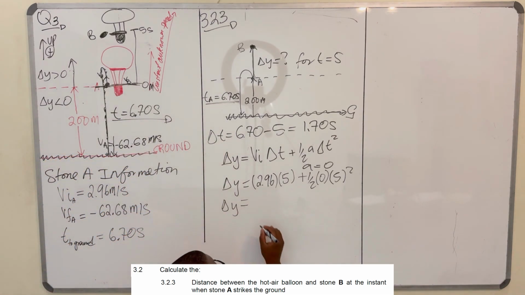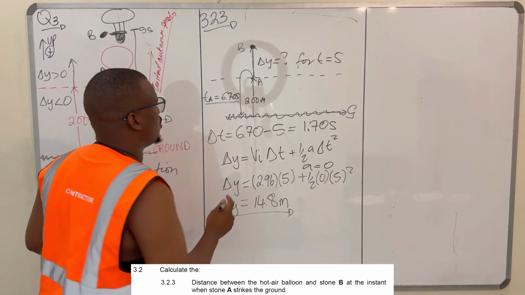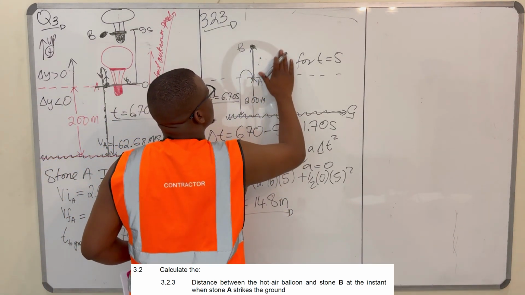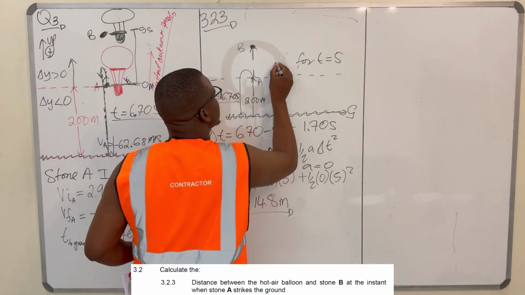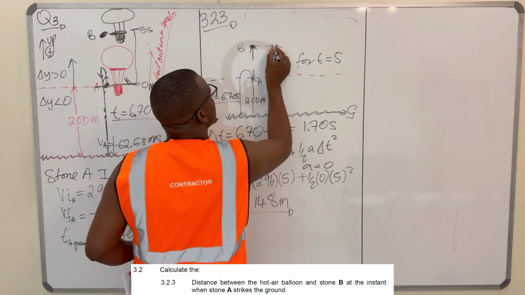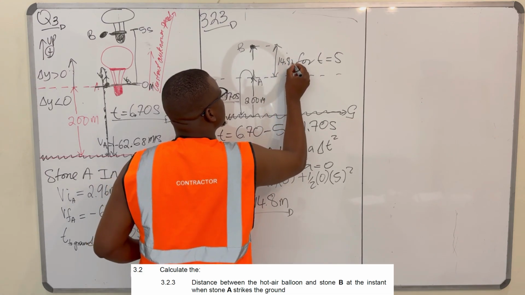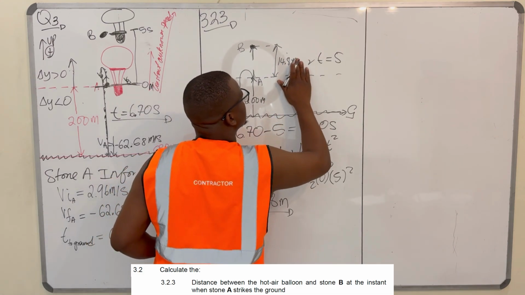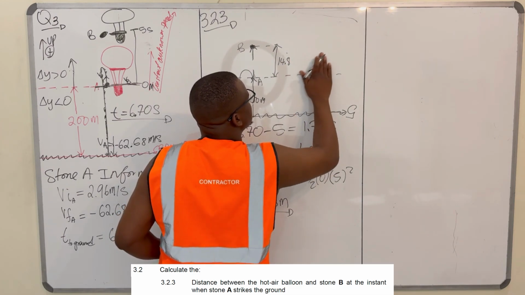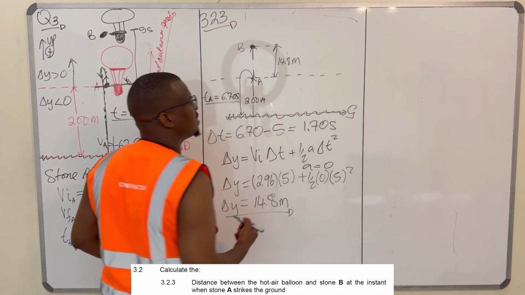So the displacement is 14.8 meters above where stone A was dropped. So the change in position from here to there is 14.8 meters. This is the displacement, 14.8 meters.